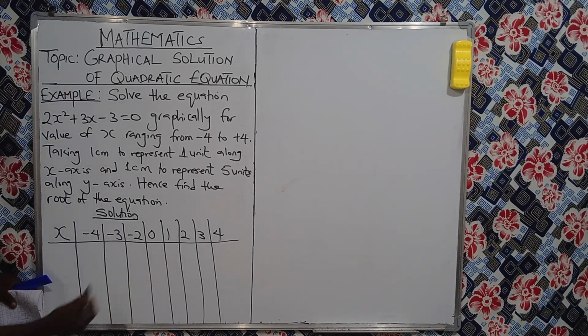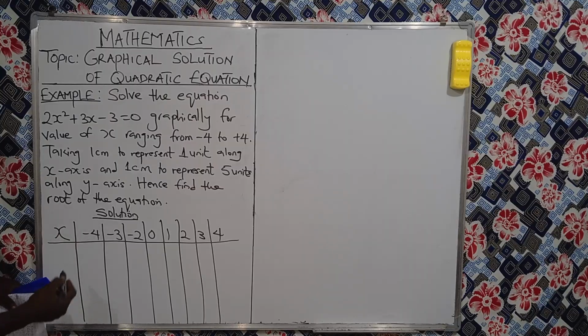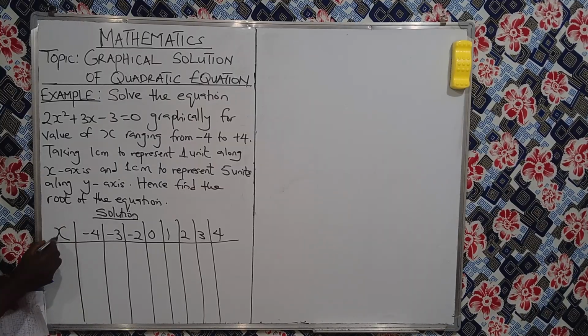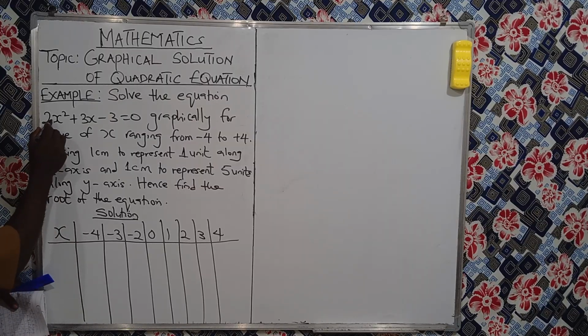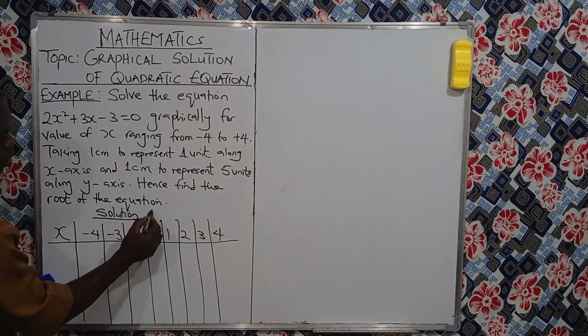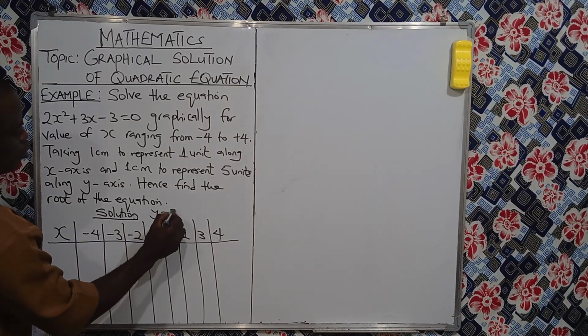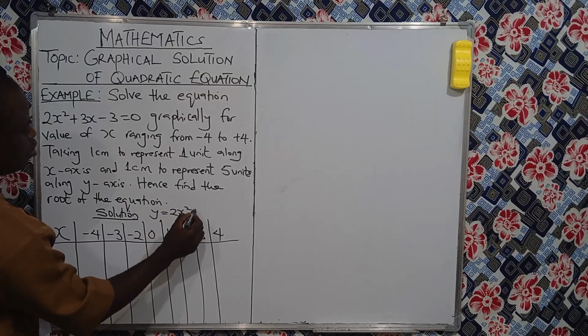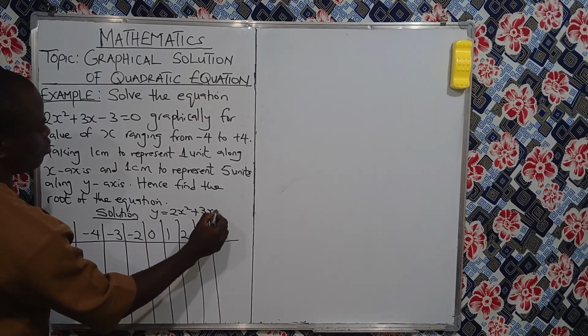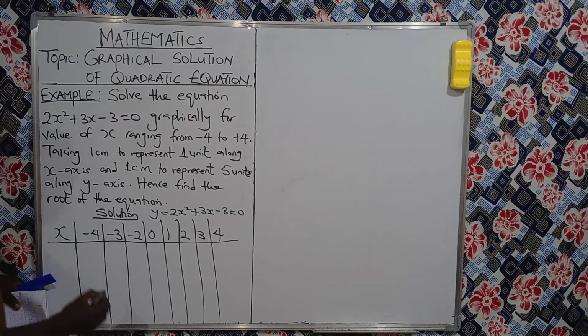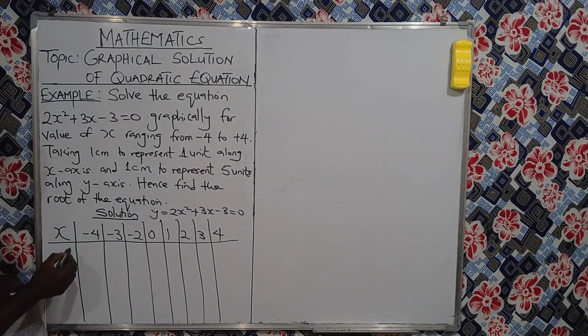So to bring your value of x, you want to know the corresponding value of y. Now we have x, you now divide y equals 2x squared plus 3x minus 3 equals 0. You now separate them. The first one is 2x squared.